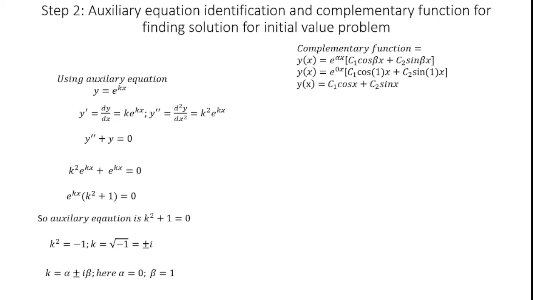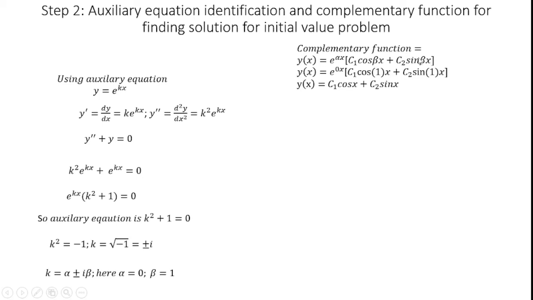What is the complementary function? Yes, according to this type of problem, a boundary value problem, I may consider the complementary function as y of x is equal to e power alpha x into c1 cos beta x plus c2 sin beta x, because I have two boundary conditions, so I can use c1 and c2 in the complementary function, and also I have two terms, alpha and beta, which I can represent in this complementary function.